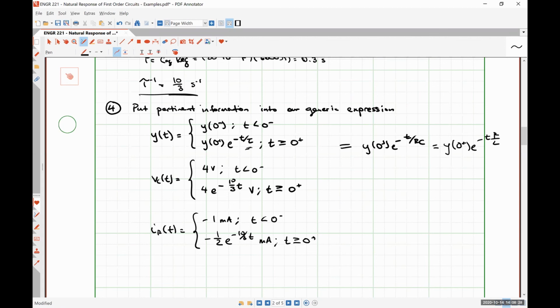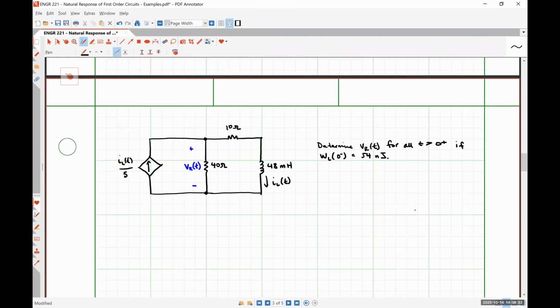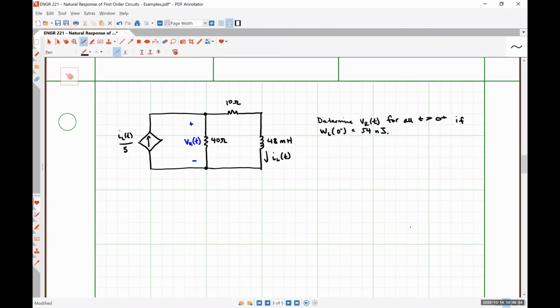All righty, so let's take a look at this next problem. We've introduced a little bit of difficulty here because we have a dependent source, which is going to influence how we determine our equivalent resistance. I want to point out that effectively this circuit is already at t is equal to 0 plus.